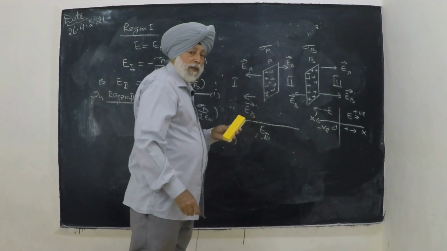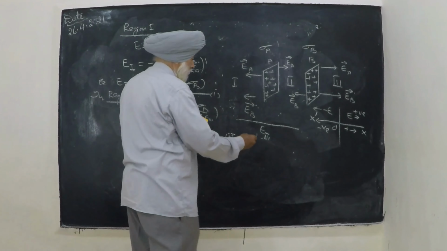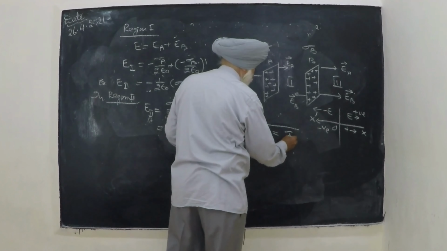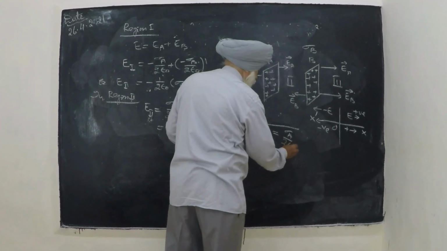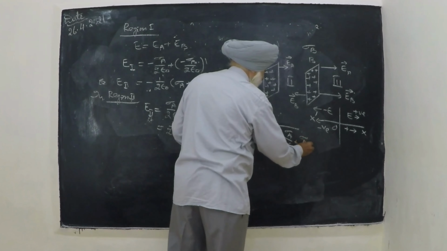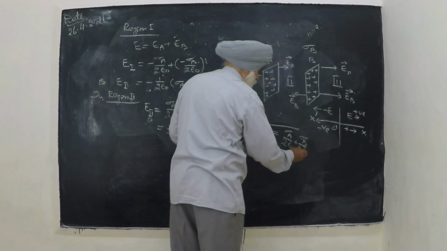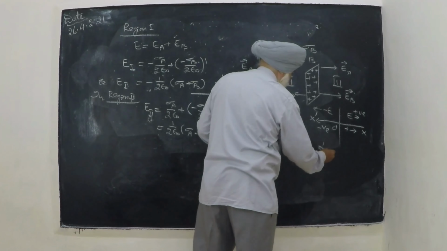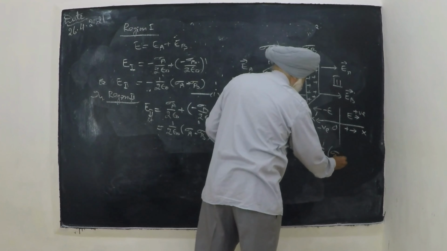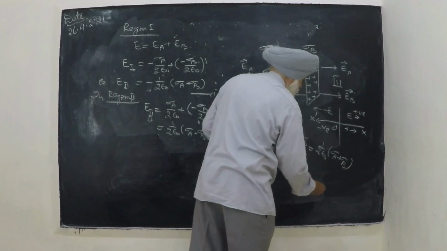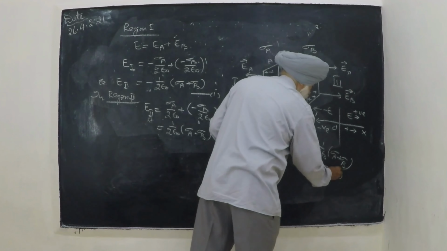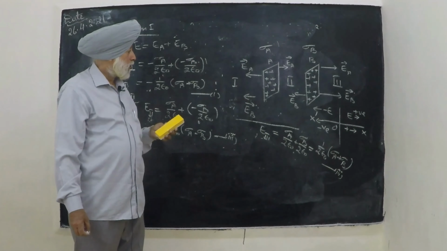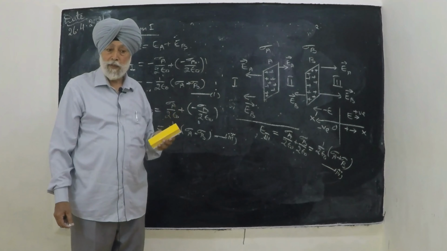Therefore, in this region, the electric field intensity will be sigma A over 2 epsilon naught plus sigma B over 2 epsilon naught, both are positive, 1 over 2 epsilon naught (sigma A plus sigma B). This is E3. So these are the electric fields due to two thin sheets which are held parallel to each other, in the 3 regions.